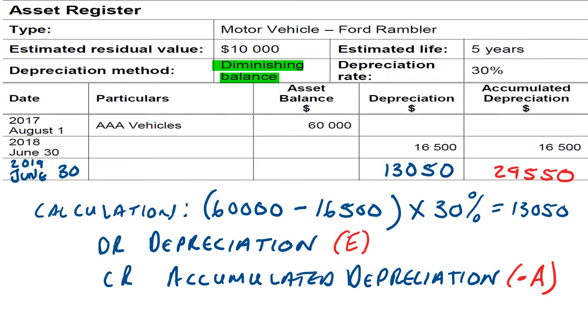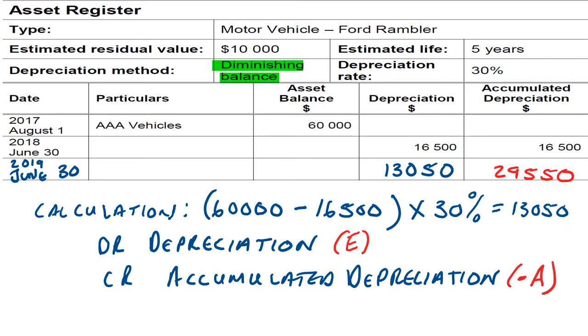I've now calculated it. The diminishing balance says the cost price minus what has already been written off, the accumulated depreciation at that time. So there you see the calculation, 60,000 minus 16,500 times 30% gives me depreciation for this year of 13,050.